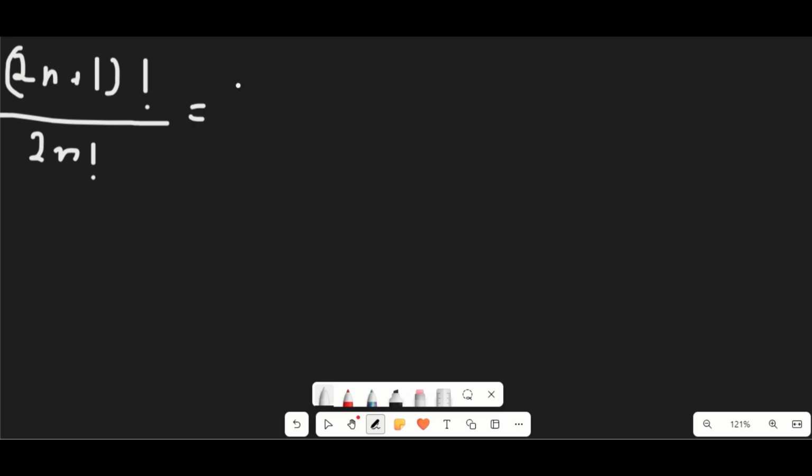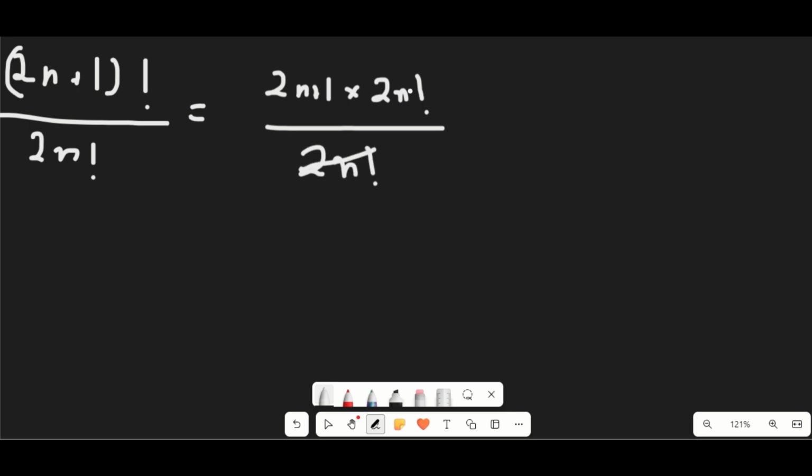In this case it's 2n plus 1, so we write it as (2n plus 1) multiplied by (2n) factorial. In the denominator we have (2n) factorial, and we cancel this out and get the answer 2n plus 1.